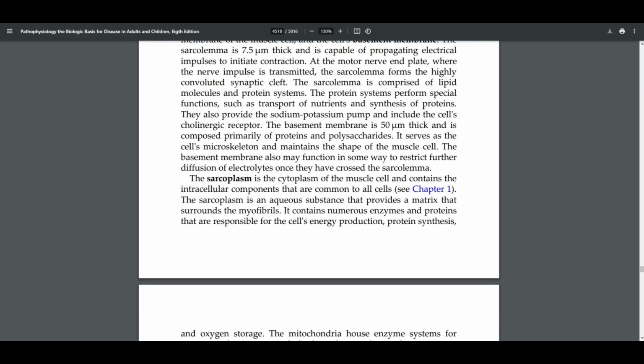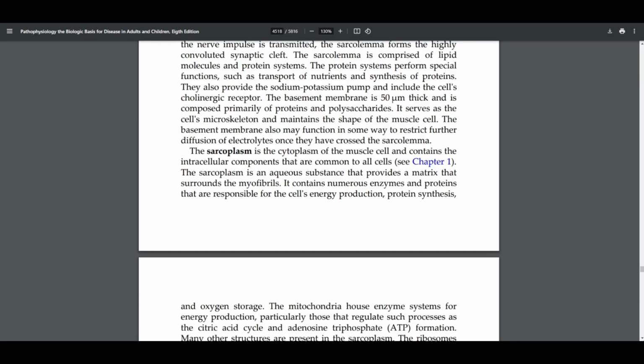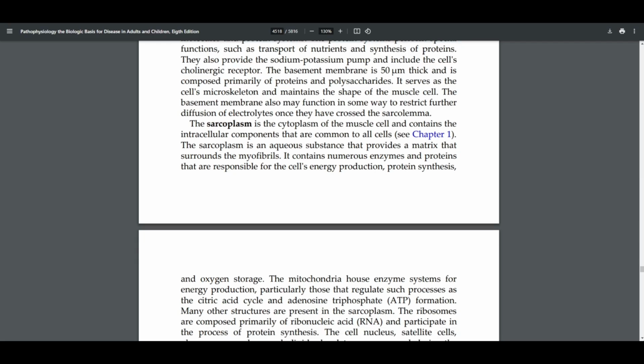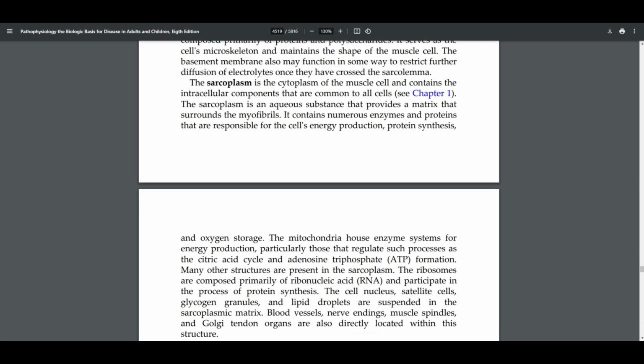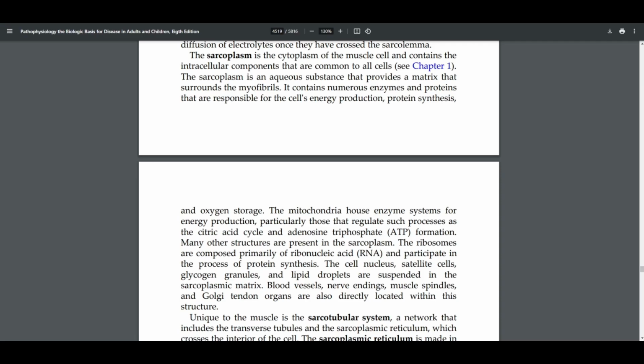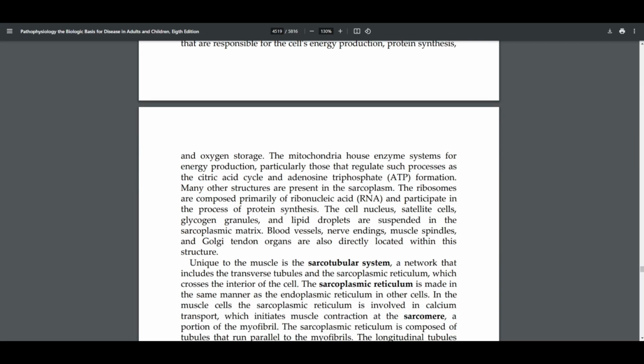The sarcoplasm is the cytoplasm of muscle cells and contains the intracellular components that are common to all cells. The sarcoplasm is an aqueous substance that provides a matrix that surrounds the myofibrils. It contains numerous enzymes and proteins that are responsible for the cell's energy production, protein synthesis, and oxygen storage.